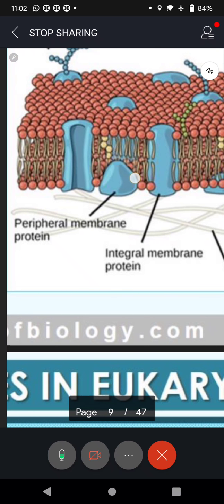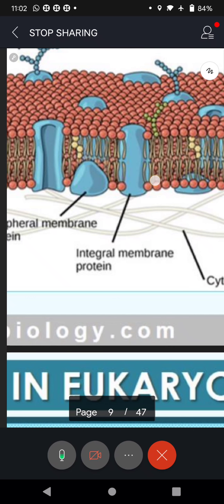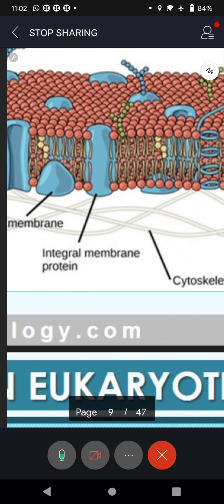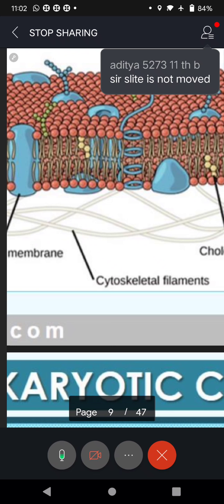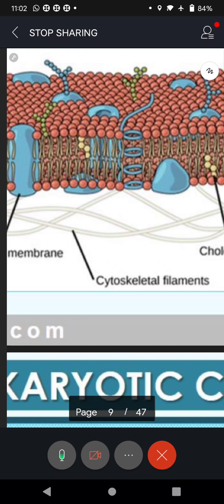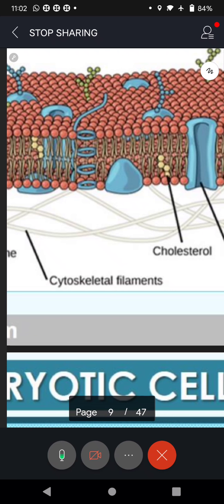That's why they named it the fluid mosaic model. This is the most accepted version, right? And I said there are two types of proteins: peripheral proteins, which are outside, and integral proteins, which are inside, in between. You can see those blue ones even from the top side. So this is how the plasma membrane structure will be present.